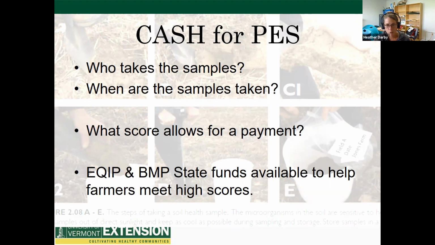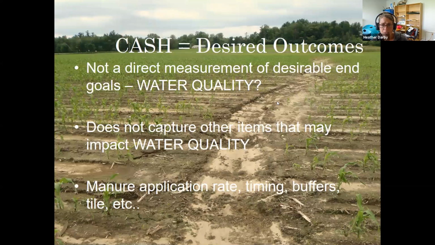So the tougher question is, what score allows for a payment? And this is where we have to delve into the challenges, what the soil health test does not do, right? The soil health test is not a direct measurement of our desirable end goal, which I think right now is water quality.